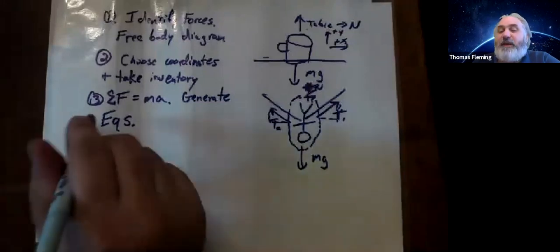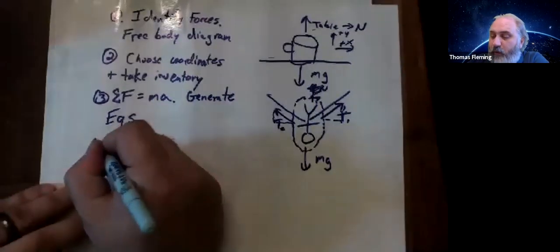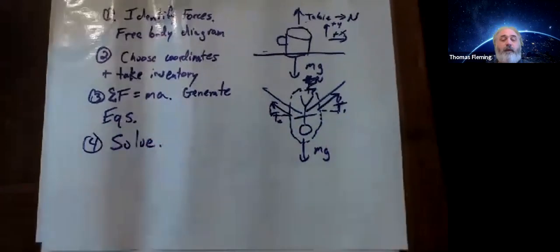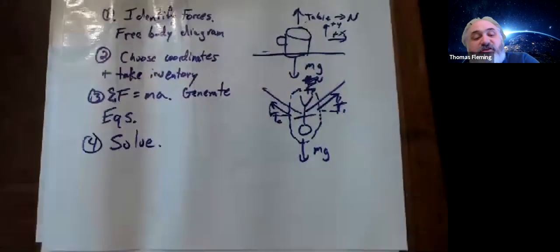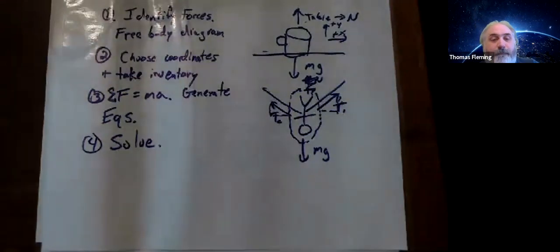So by the end of step 3, I'm going to have one or more equations that I'll have to solve, and some of the things in those equations are going to be known, and some are going to be variables. And when it comes to step 4, you do the math. Because hopefully, once you've generated that system of equations, there's going to be a solution that you can solve for, and the thing that you're looking for in the problem will be identifiable.